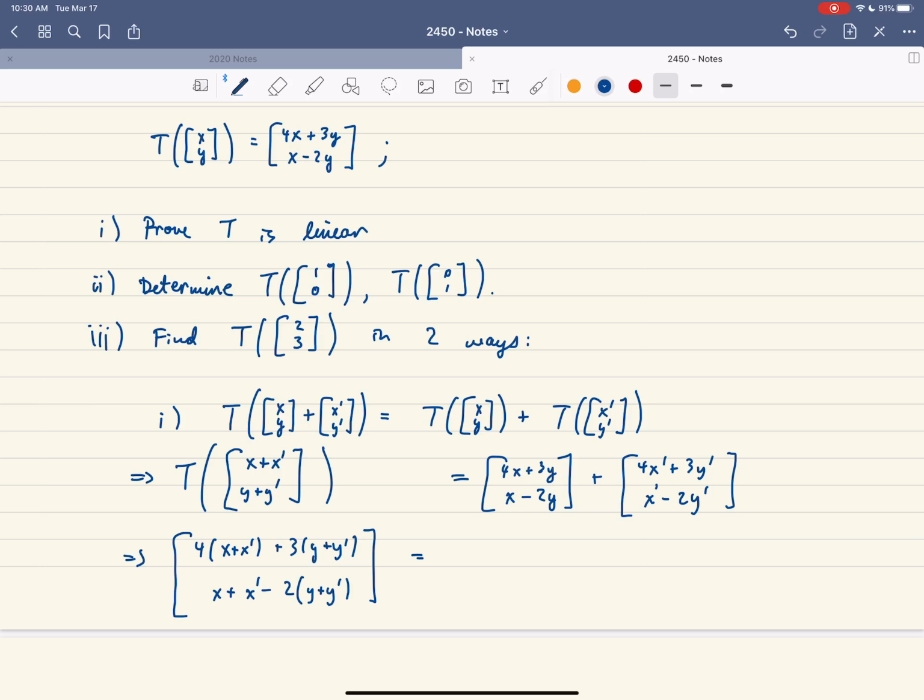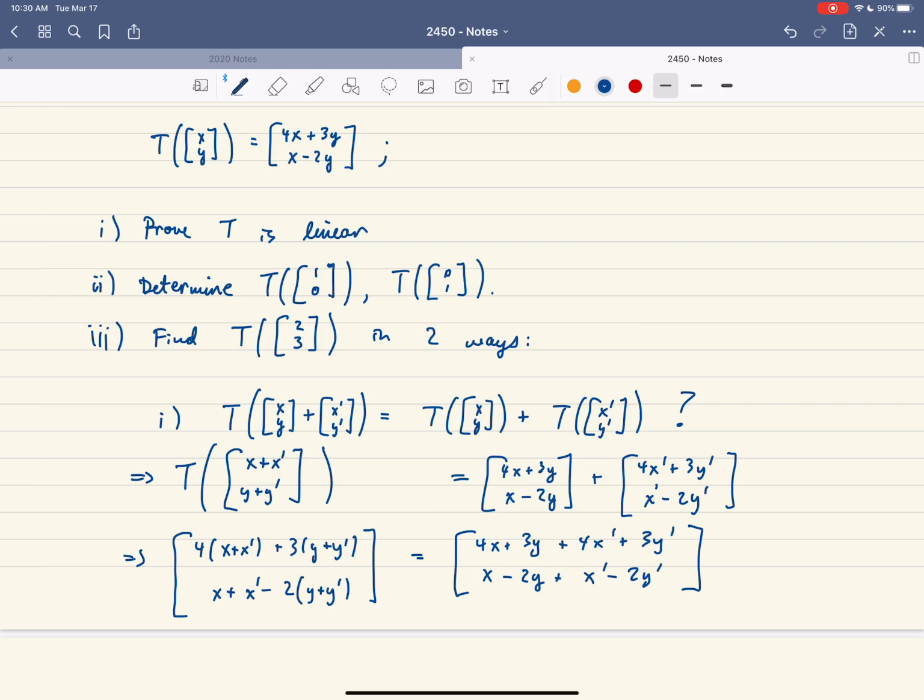And on the right, we have two vectors in R2 being added up. So this is going to be (4x plus 3y plus 4x' plus 3y', x minus 2y plus x' minus 2y'). Now we look at what we really wanted to know: are these equal?